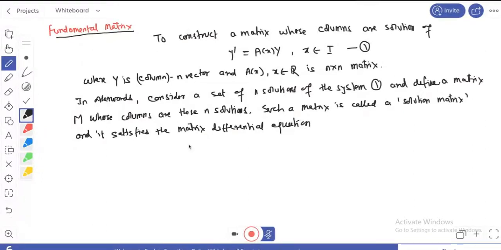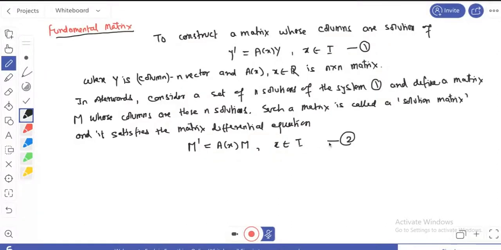So that's why your M prime satisfies your matrix equation. This equals this thing when x belongs to that interval.